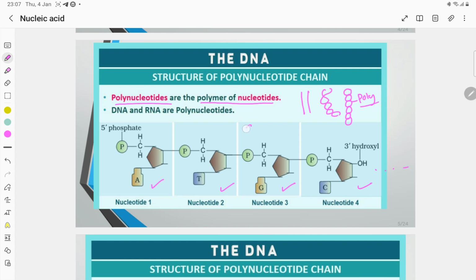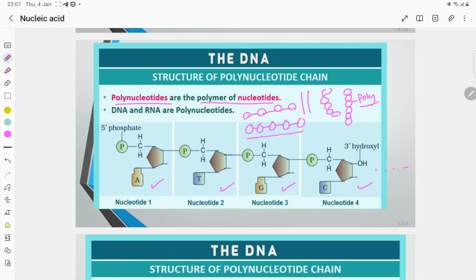Each nucleotide is joined to the next and makes a chain, and that chain is called a polynucleotide. Interestingly, DNA consists of two polynucleotide chains which move around each other.